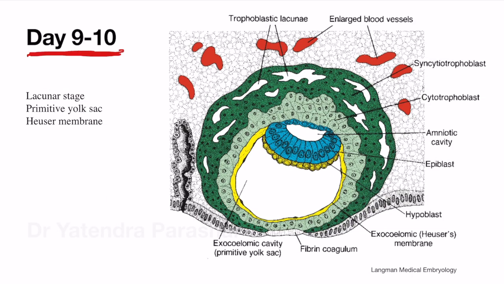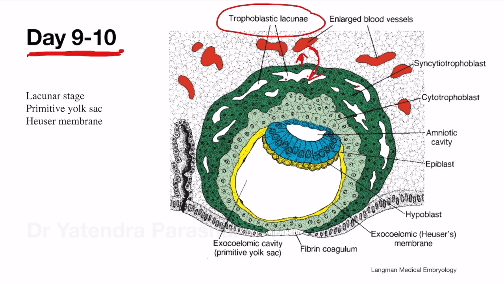On day 9 to 10, the syncytial trophoblast forms the trophoblastic lacunae, which are small cavities formed inside the syncytial trophoblast. Initially they are not filled with blood, but they gradually enlarge and reach the maternal vessels.